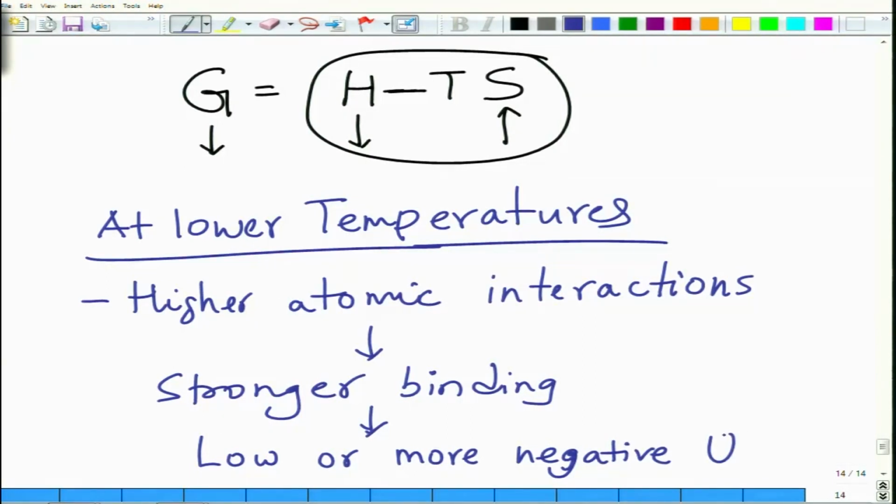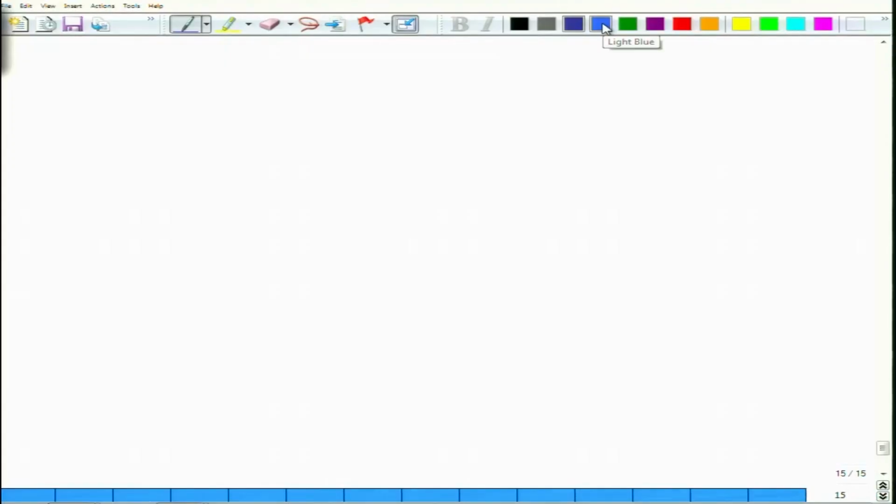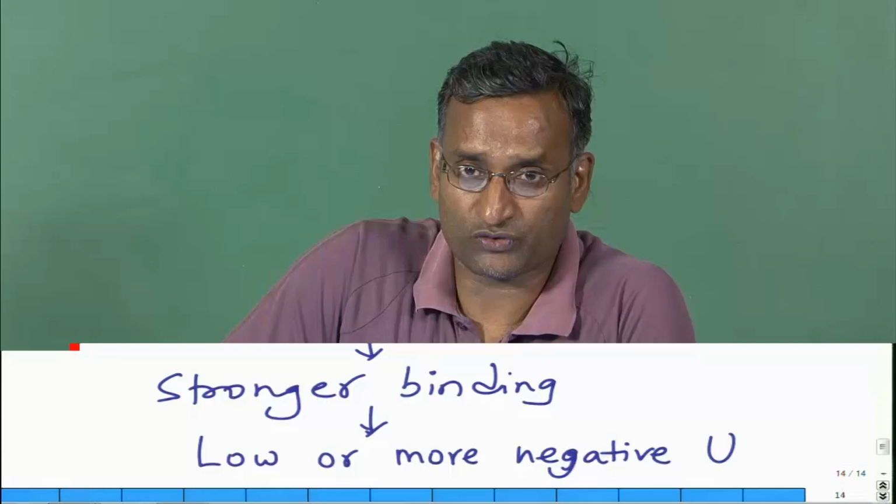That is why solids have lower internal energy, or more negative internal energy, as compared to the liquids. If you compare solid, liquid and gases, solid will have the most negative internal energy, whereas liquids and gases will have more positive internal energy as compared to the solid. So, as a result, because of this decrease in the internal energy or negative internal energy of the solids, solid phases are more stable at lower temperatures.